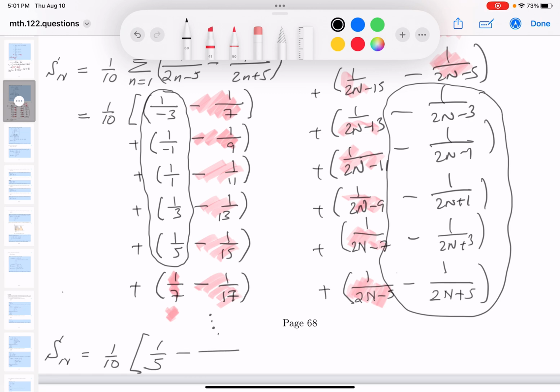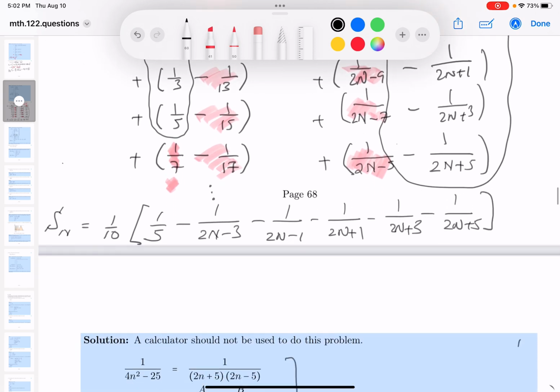Minus 1 over 2n minus 3, minus 1 over 2n minus 1, minus 1 over 2n plus 1, going up by 2, minus 1 over 2n plus 3, minus 1 over 2n plus 5.